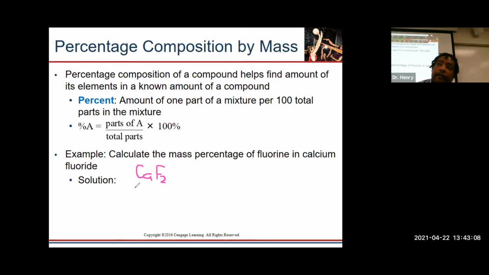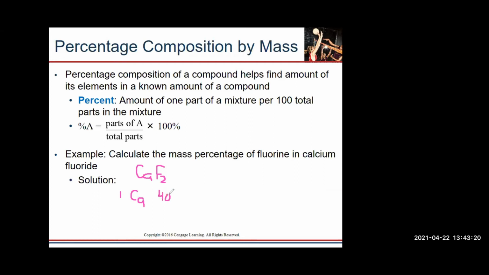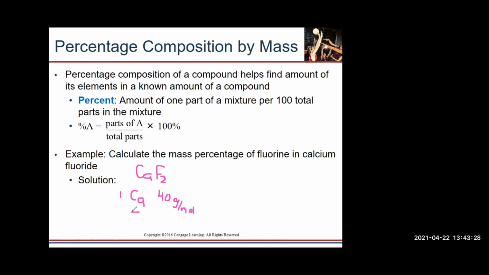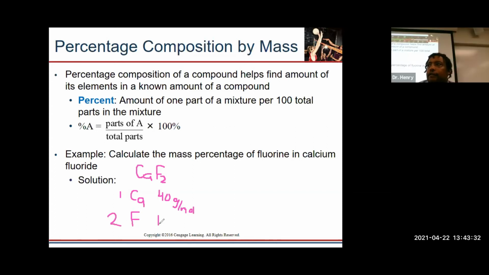If I have 1 calcium and 2 fluorides, calcium weighs 40, and fluoride weighs 19, and there's 2 of them, so 19 times 2.